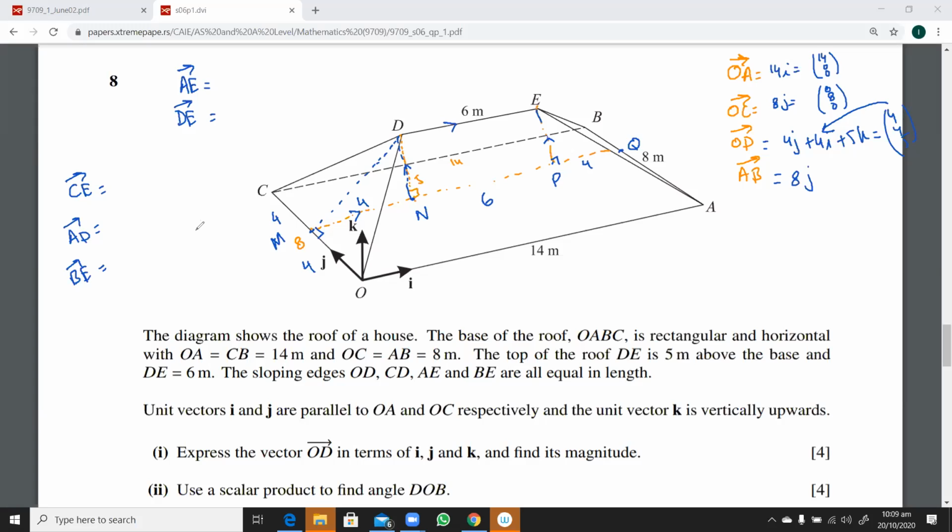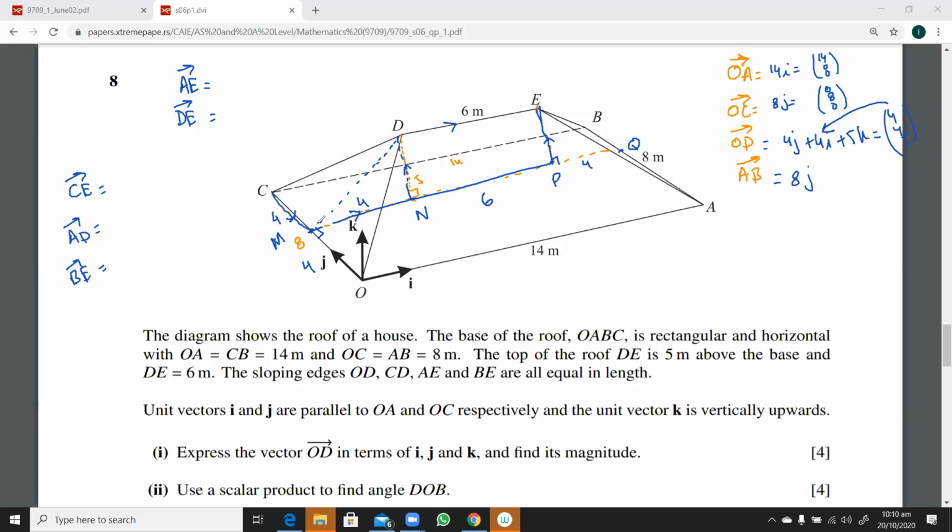What is this CE? From C to E. You go from C to M, and then M to this P, and then P to E. So that is how you're following these 3 directions.